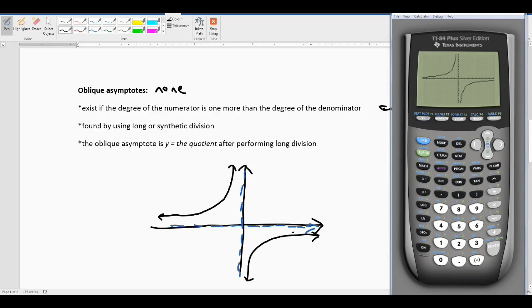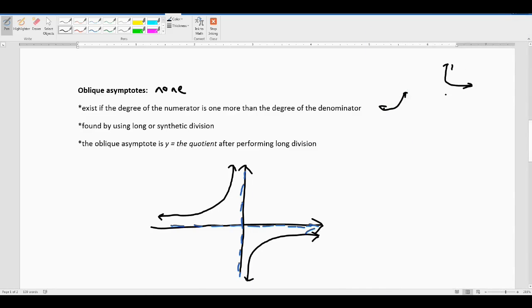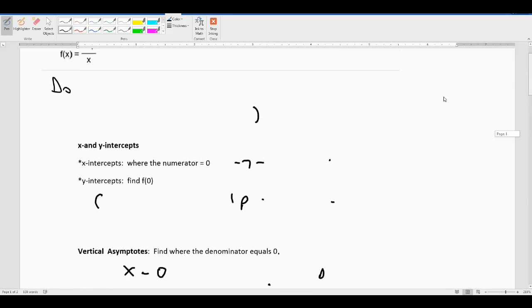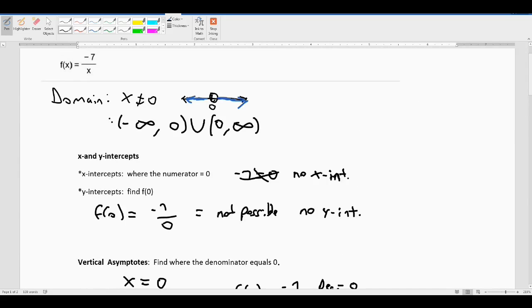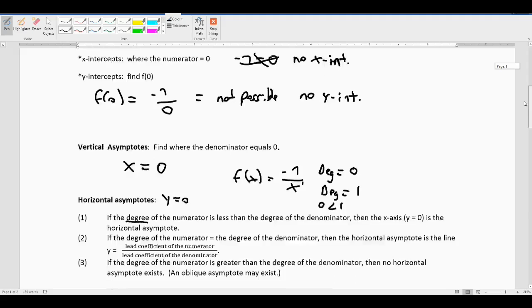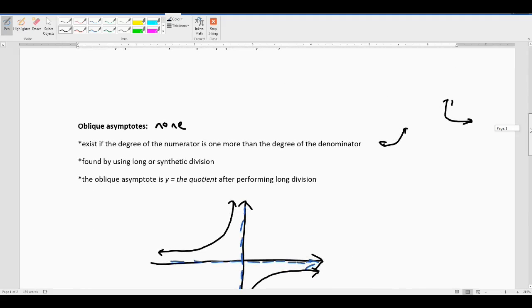We already know that because there's no x or y intercepts. It's approaching the x and y axis because both of those are asymptotes. And normally it would look like that, but notice the reason why it's up in the second quadrant and the fourth quadrant instead of the first and third is because of the negative. And that's why it flips it over the x-axis.